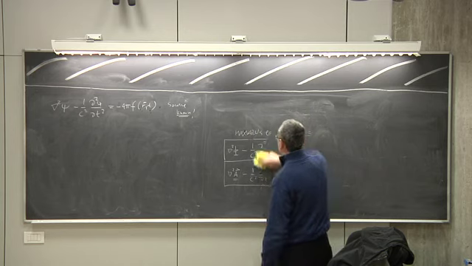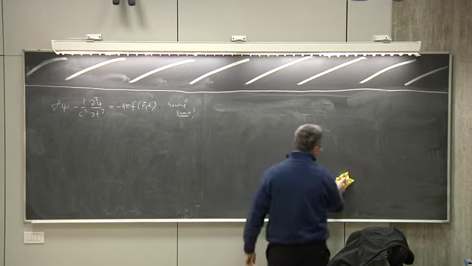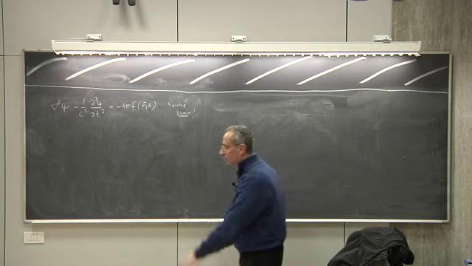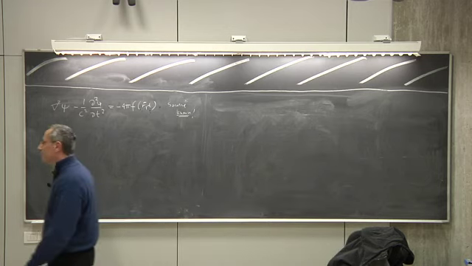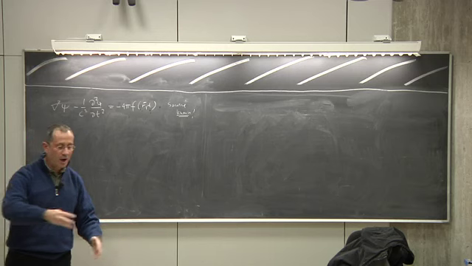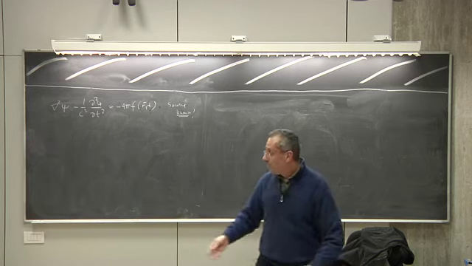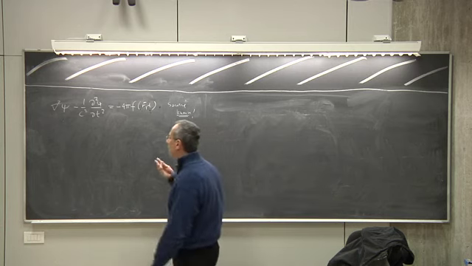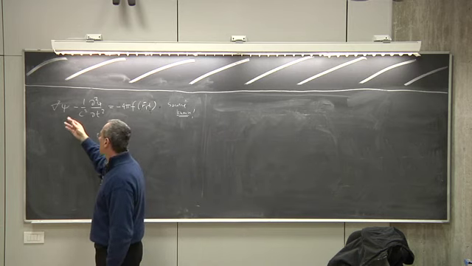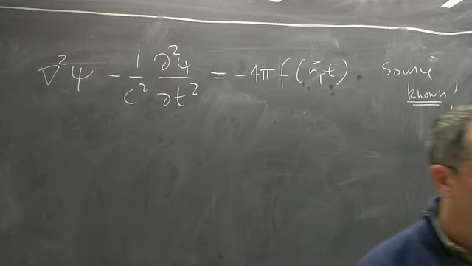For the moment, the Lorentz part we already discussed, even if very briefly. We won't come back to that. But now, given a generic distribution of charges and currents varying in space and time, what are the generated electric and magnetic fields, the components of which are represented by this psi function here?